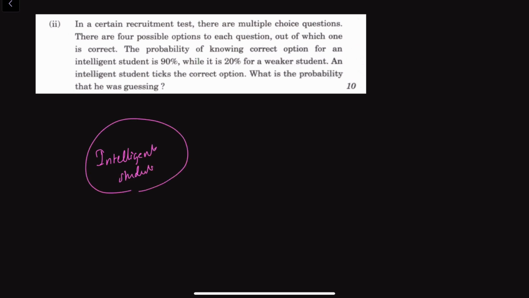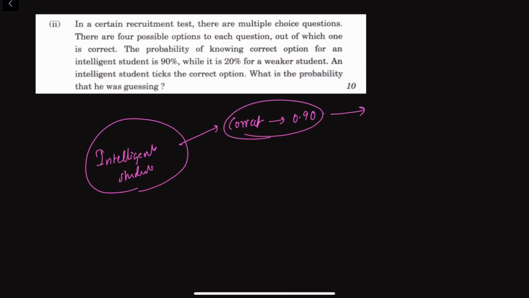for an intelligent student, the probability that he knows the correct option is 0.90. If he knows the option, he certainly marks the correct option with probability 1.